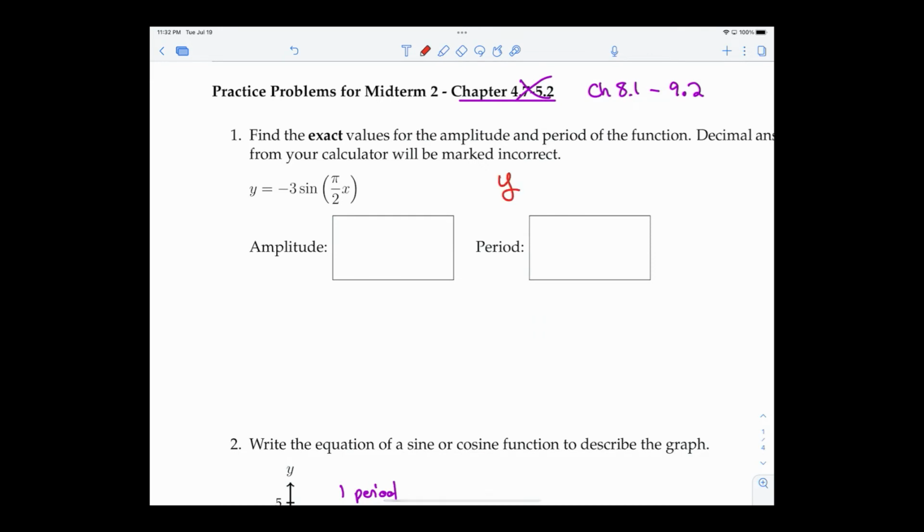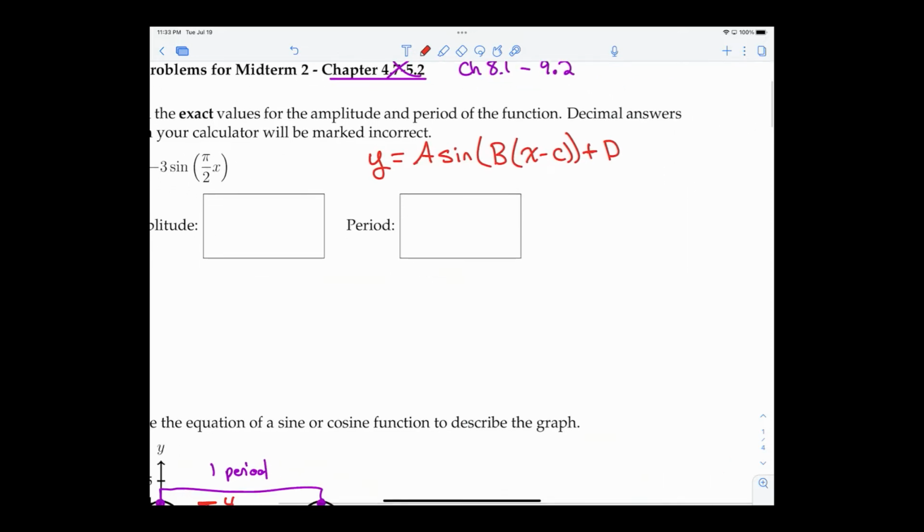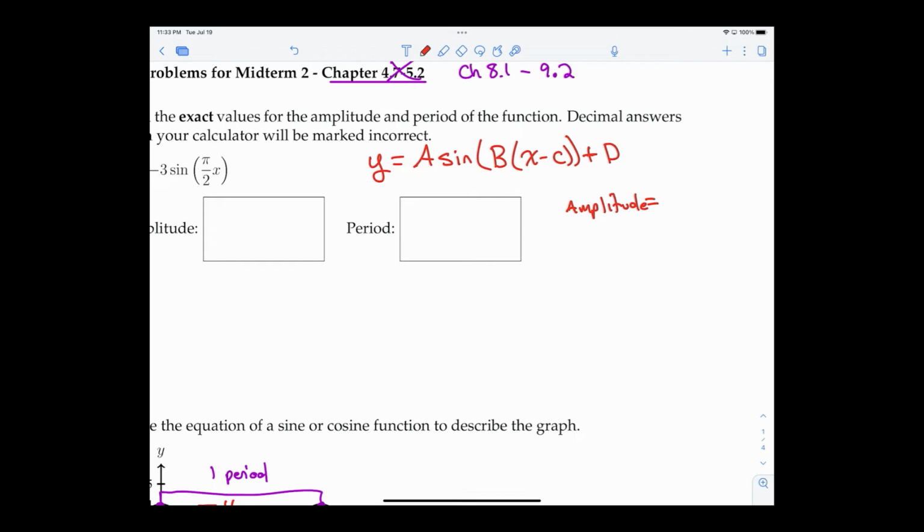Looking at a function that's y equals a sine or cosine of (bx minus c) plus d, the amplitude, which we saw on the picture, is the absolute value of a.